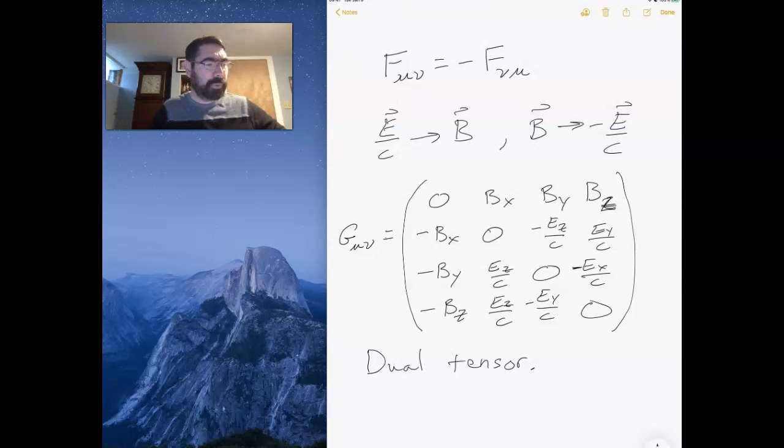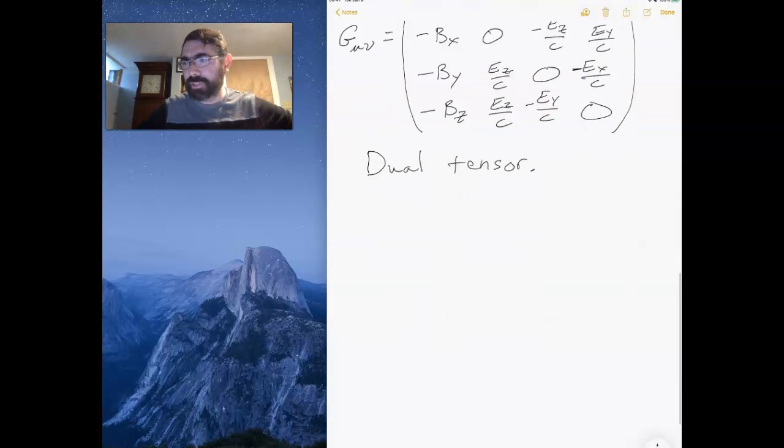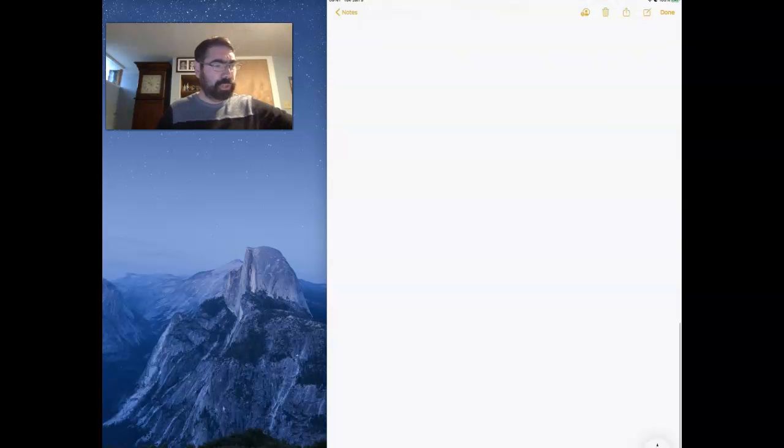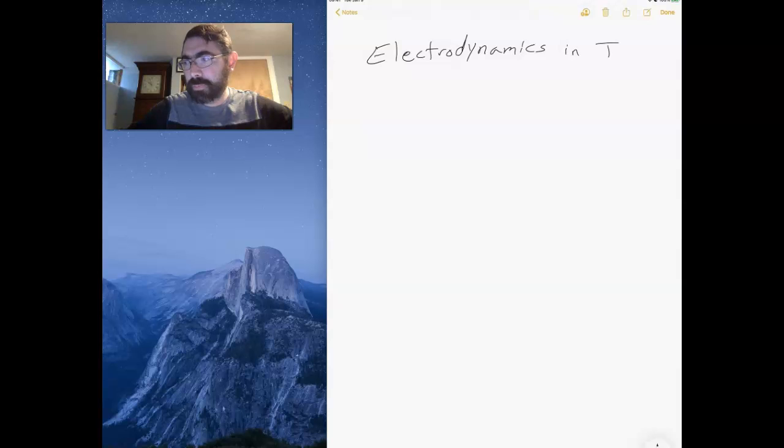Okay, so before we do that though, what I'd like to do is write down electrodynamics in tensor notation. So let's write down electrodynamics as tensors.